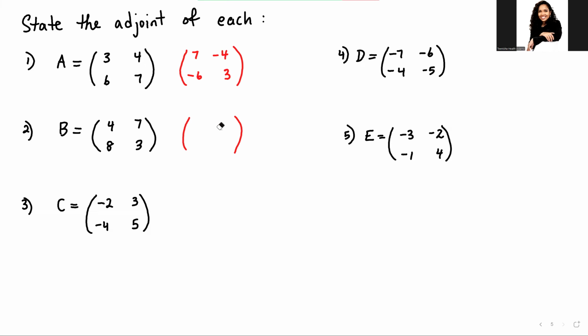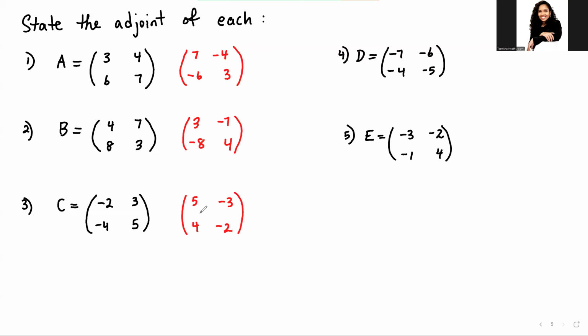Then you change the signs of the remaining ones. For C adjoint, change the positions here. So 5 will be here, -2 will come here, and you change the signs of the remaining ones. So this was 3, so it becomes -3, and this was -4, so it becomes 4.